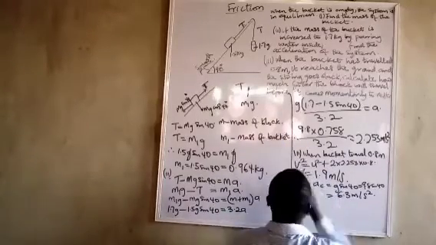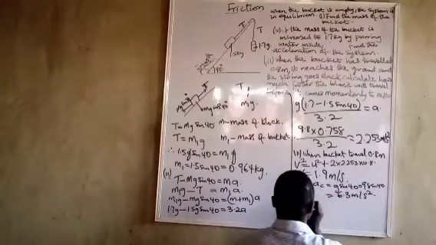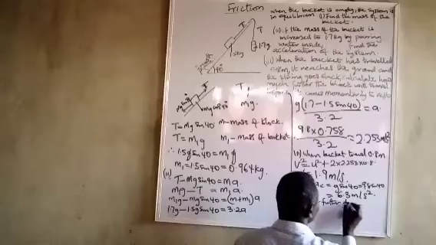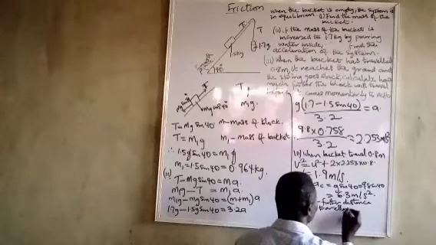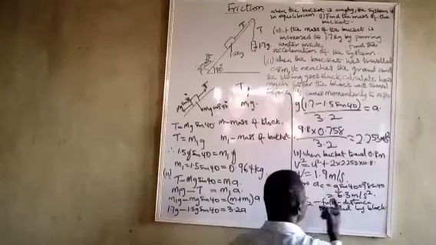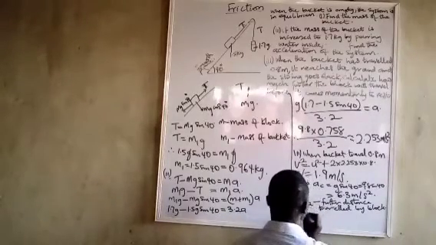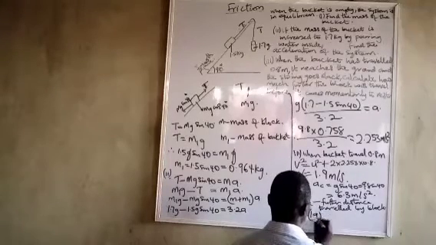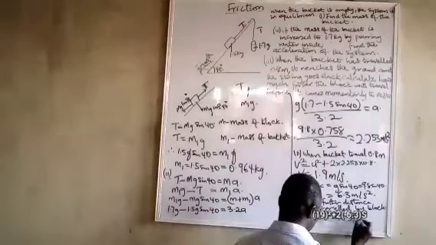Now, the further distance, let's call that S2, the further distance traveled by the block. We can get that from our equation v squared equals u squared plus 2as, and that will be 0 equals 1.9 squared minus 2 into 6.3 s.